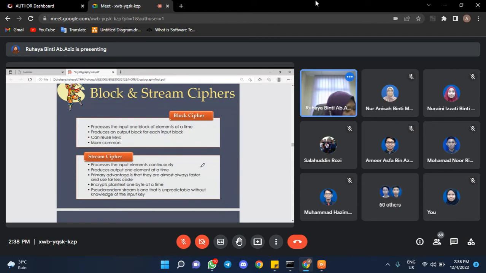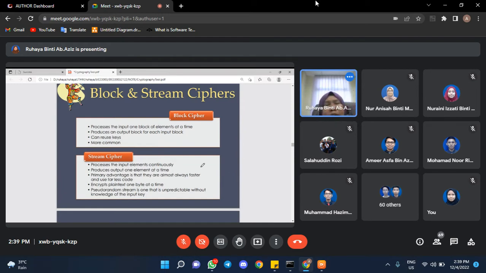Which is better? It depends, right? It actually depends on what type of file, what type of things you are going to send. A block cipher is suitable if you send a file or something that goes block by block, a message.